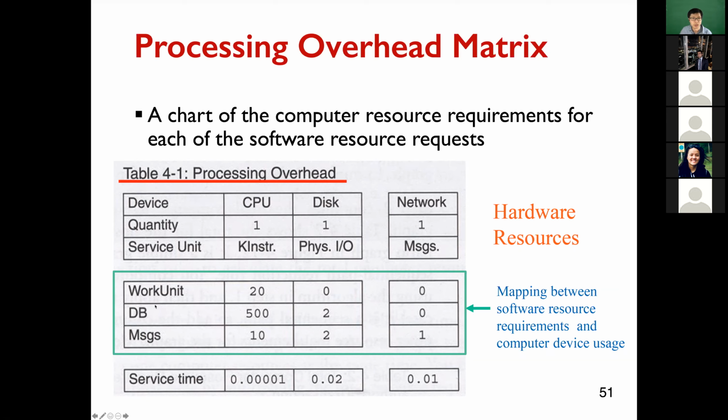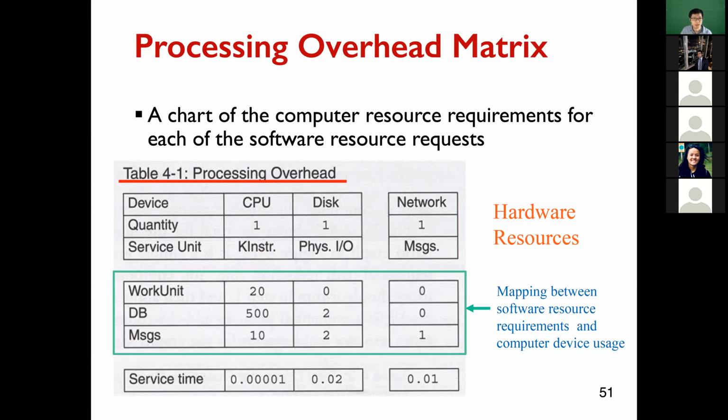For example, the work unit is mapped to 20K instructions for the CPU, 0 on disk and 0 on network. For DB, it is mapped to 500K instructions of CPU, 2 disk IO and 0 network messages.